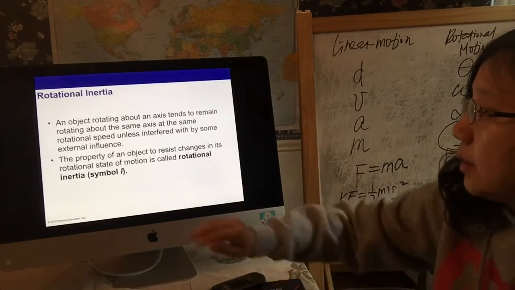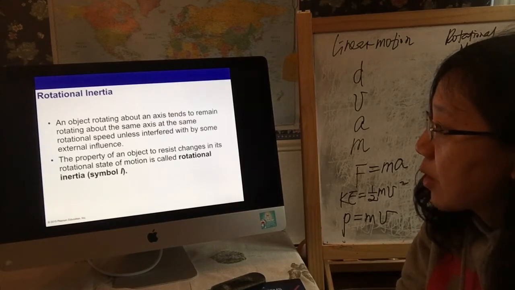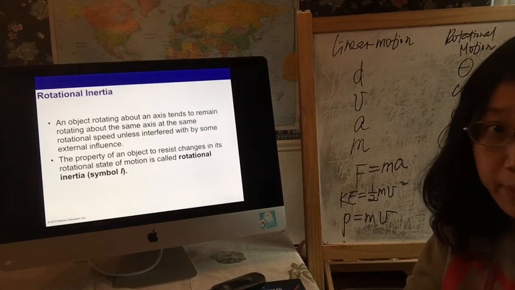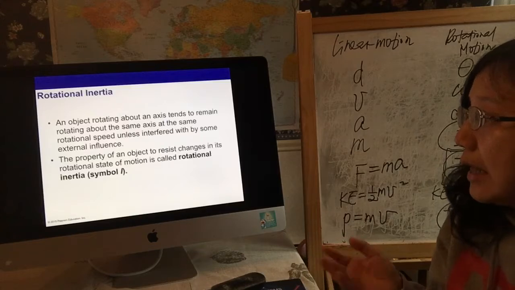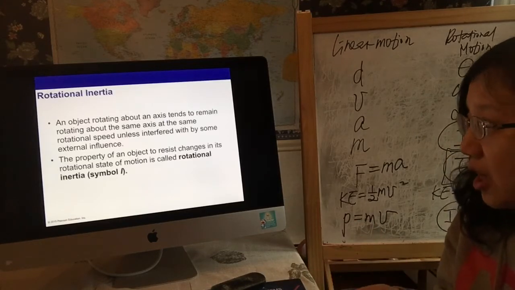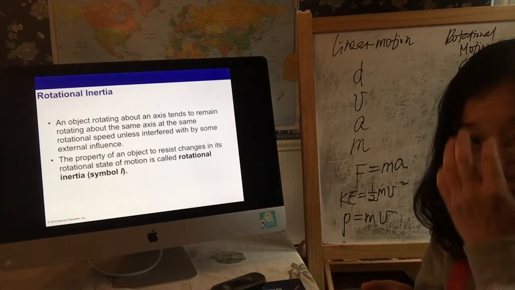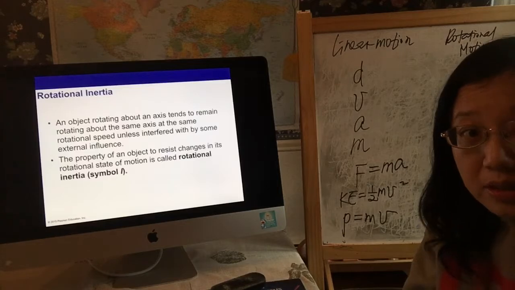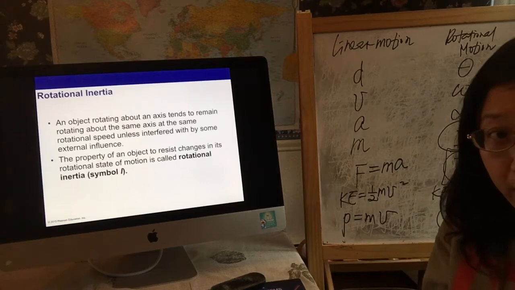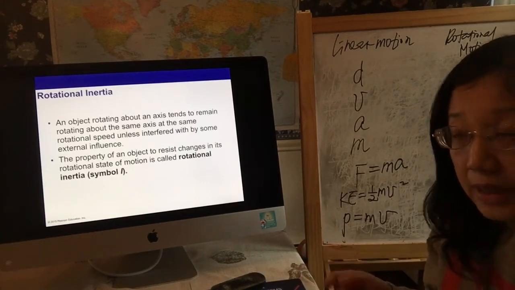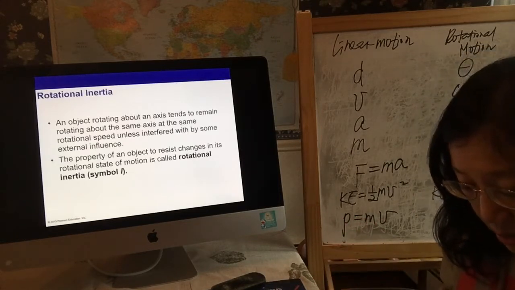The property of an object to resist changes in its rotational state of motion is called rotational inertia. Remember, I want to go back to inertia again. Inertia is the property of an object to resist changes in its linear state of motion. Initially if the object is at rest, it's harder to change from rest to motion. If something is moving, it's going to resist that change from motion to rest.